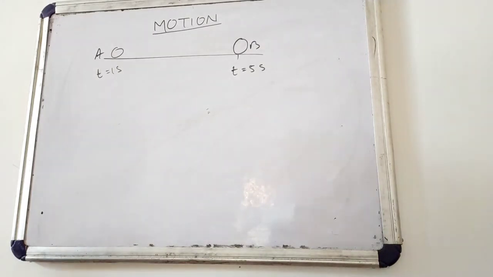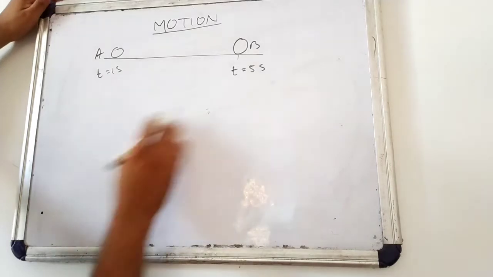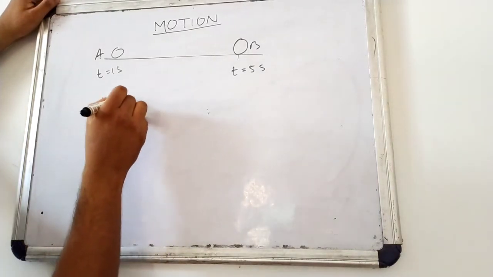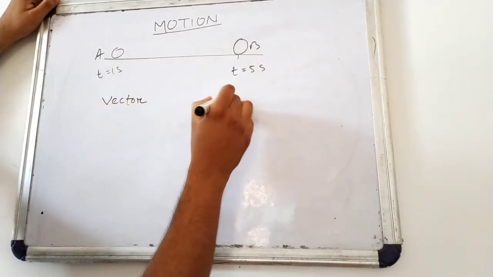So before starting this chapter, we have to understand two quantities. One is vector quantity and another one is scalar quantity. So what is vector and scalar quantity?